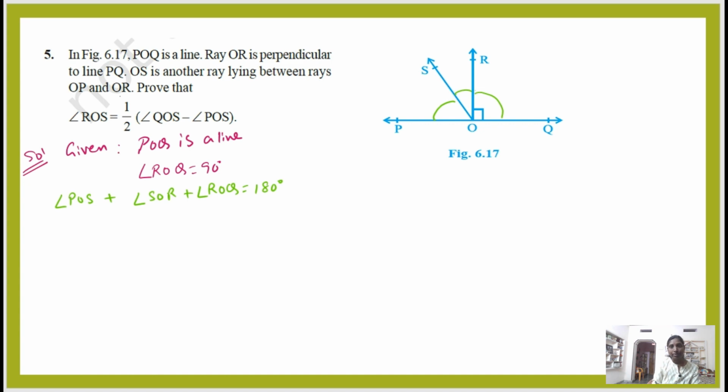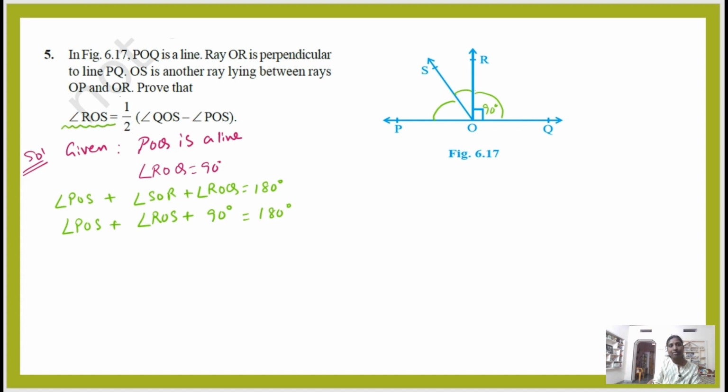Now angle POS plus angle SOR, which can be written as ROS plus angle ROQ. It is given, 90 degrees, is equal to 180 degrees. Now see what we need to prove.